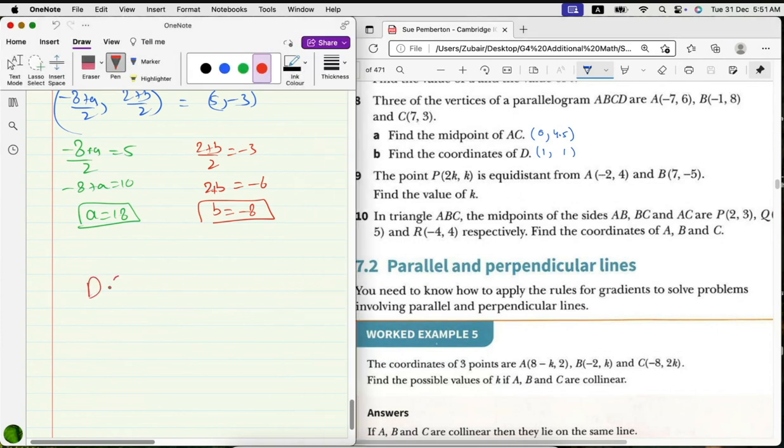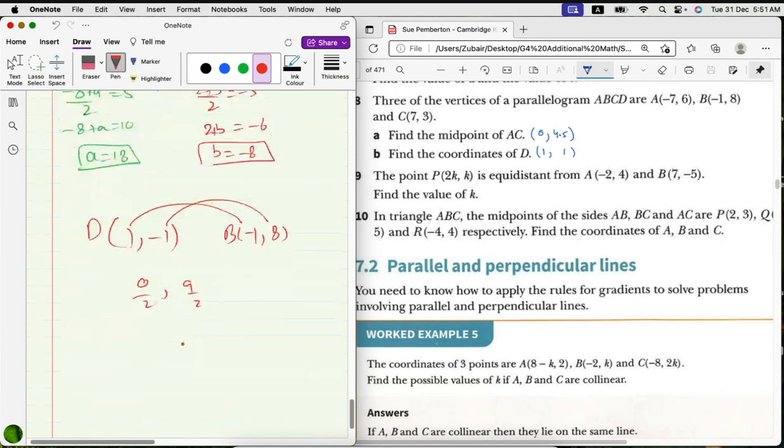See, for D, if you have 1 and negative 1, and B is already 1 and 8. So this is 0 by 2, and change in these two, so sum of these two by 2. This is 7 by 2.